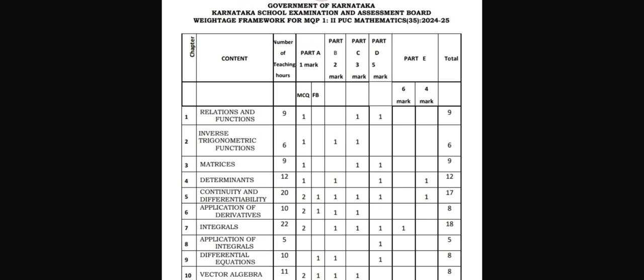Okay, there are no 2 marks questions here. And part C carries a 3 marks question and from part D there is a 5 marks question. In total it carries 9 marks.